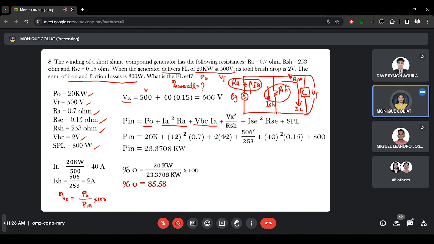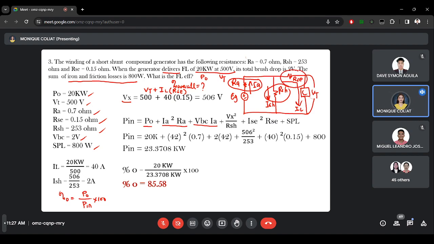IL. Where does IL come from? PO over VT, right? That is 20,000 watts divided by 500 volts. 20,000 divided by 500 is 40 amperes.